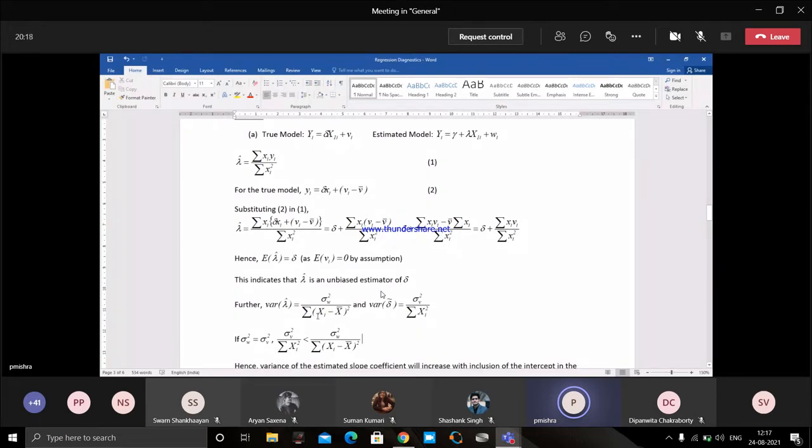But even if sigma square W is equal to sigma square V, we still have the higher variance of the estimated slope coefficient, because in the denominator now we have summation of small xi square.